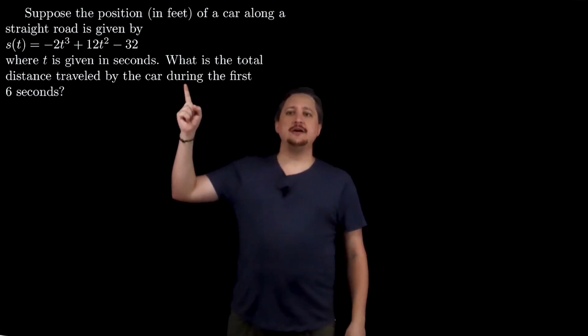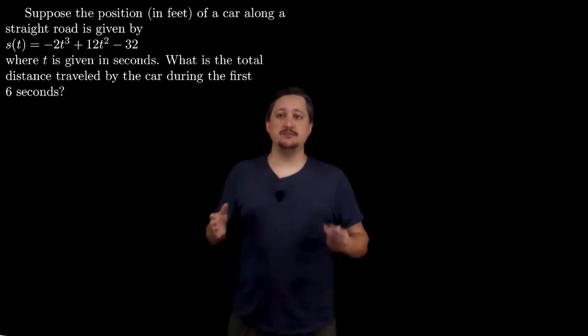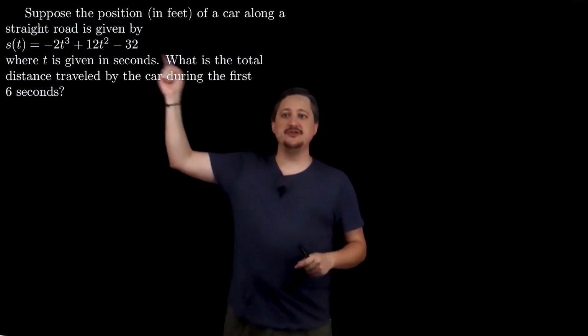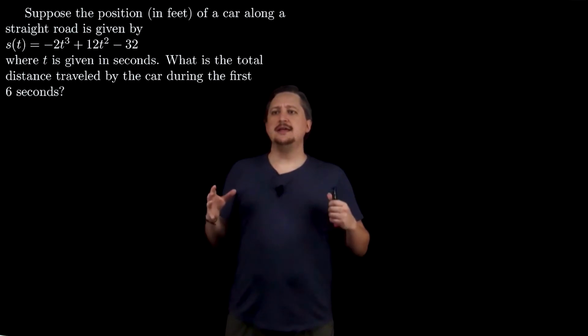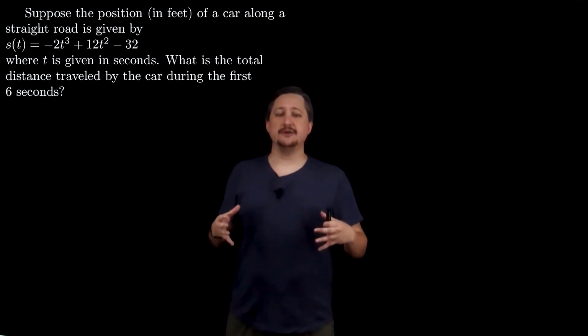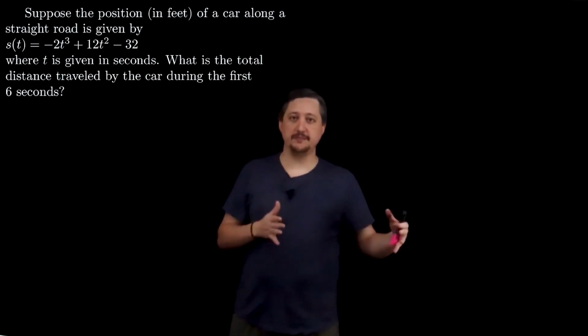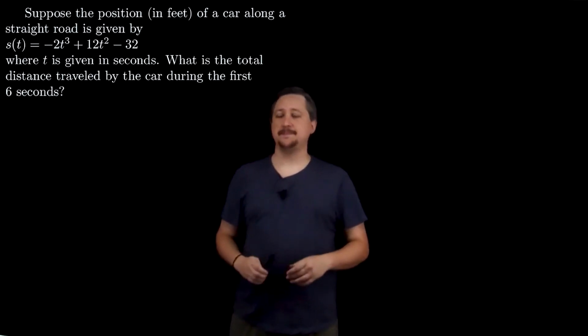All right, so we have a car moving along some straight road, right? And we're given some position of that car, some s of t. T is given in seconds, but the idea here is it wants to know how far the car has traveled, so the total distance that the car has traversed over the first 6 seconds, okay?